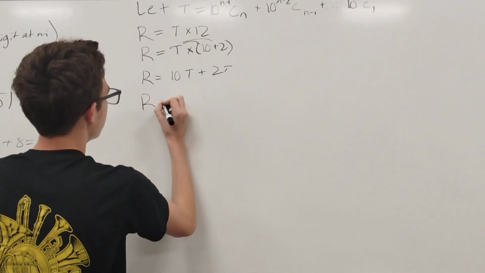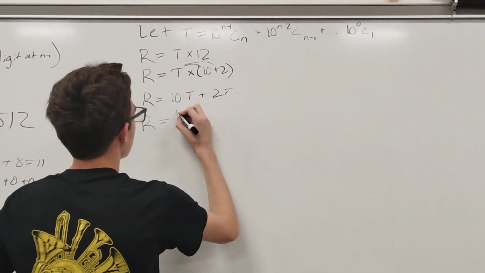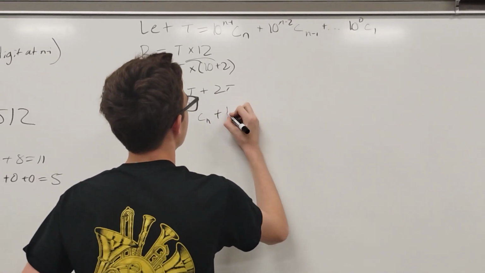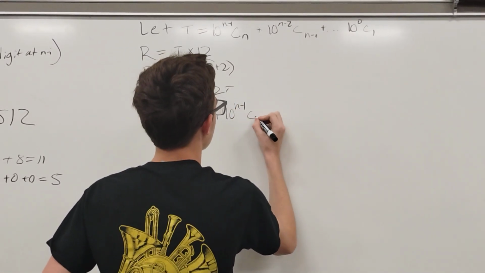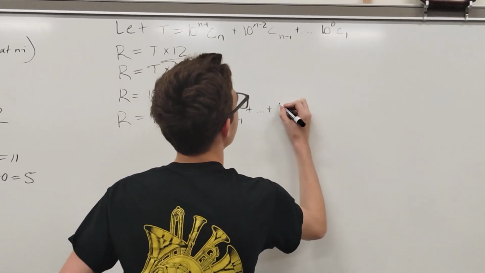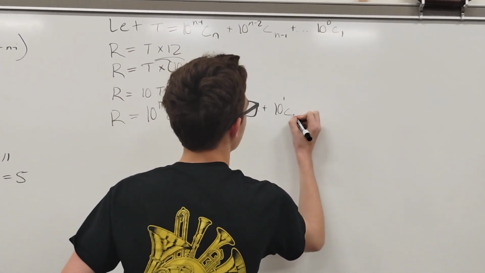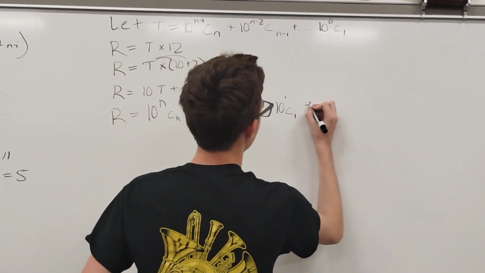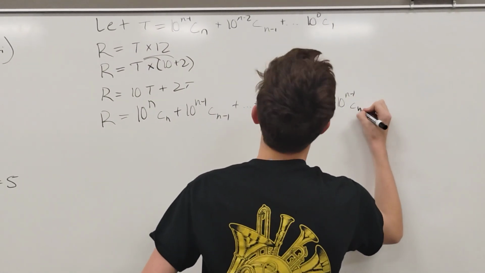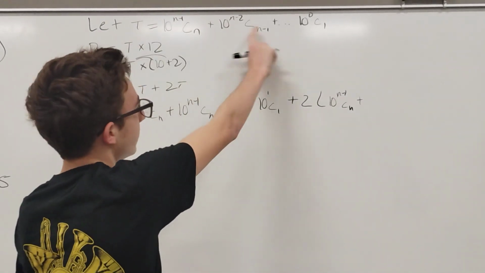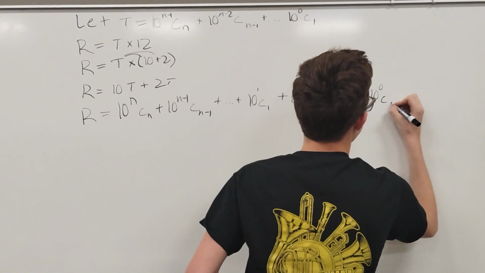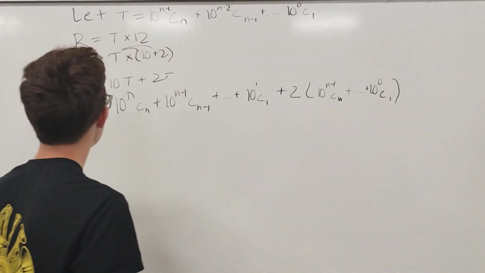So for this 10T, it'll become 10^n c_n plus 10^(n-1) c_(n-1), and it'll go on something like that till you get 10^1 c_1. And then for this 2T, it'll just be 2 times 10^(n-1) c_n, and it'll go on just like T up here. Okay.